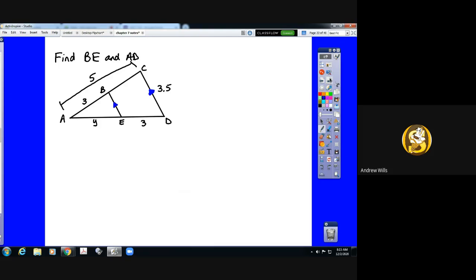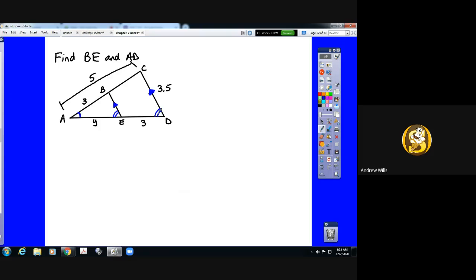For instance, both triangles, the smaller triangle ABE and the larger triangle ACD, both have angle A, which is reflexive. So that's one set of angles with that marking right there. The parallel markings on BE and CD allow us to state that we've got a second set of congruent angles there in BEA and angle D, because those angles are corresponding.